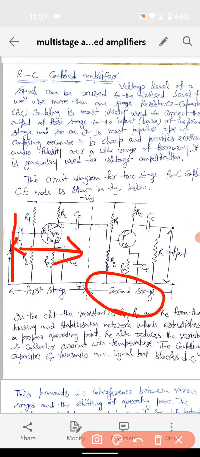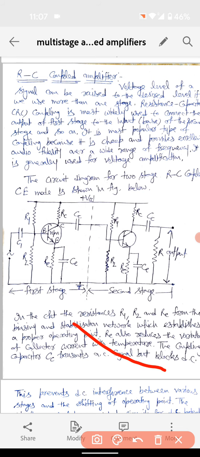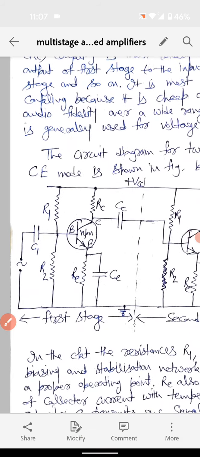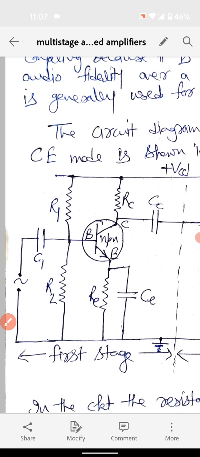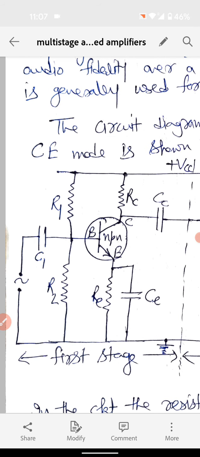First we will focus only on the first stage. I will zoom this for your clarity. So this is our first part. If you see this figure carefully, you will remember two or three things. First of all, it is a common emitter transistor, and it is an NPN transistor.